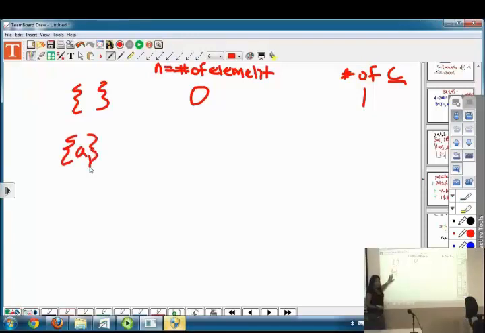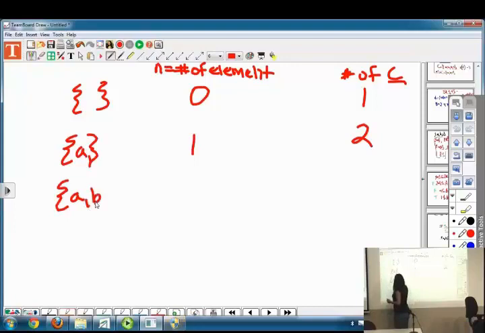If I have A, how many elements? 1. How many subsets? 2, because I have the set itself and the empty set. So I have 2 subsets. If I have 2 elements, let's say A, comma, B, well, let's look at those just real quick.